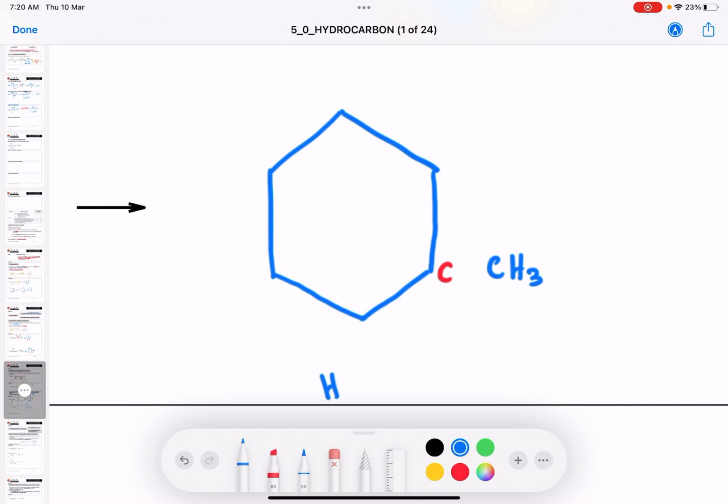Therefore, we can conclude that bromine will be added here and OH will be added here.